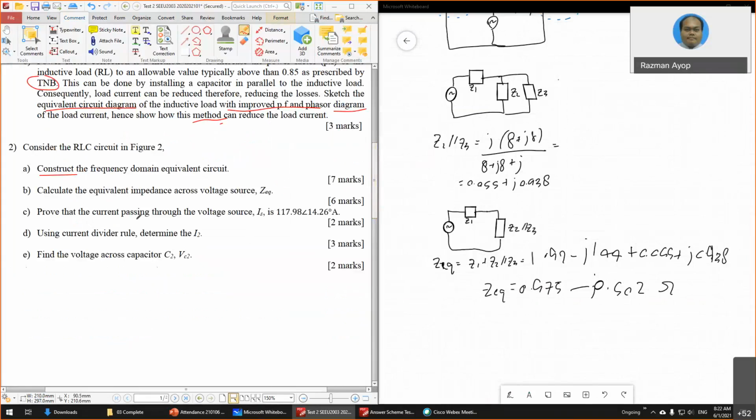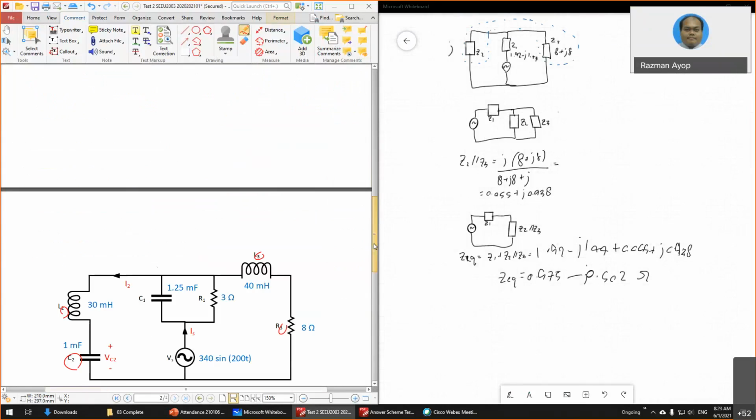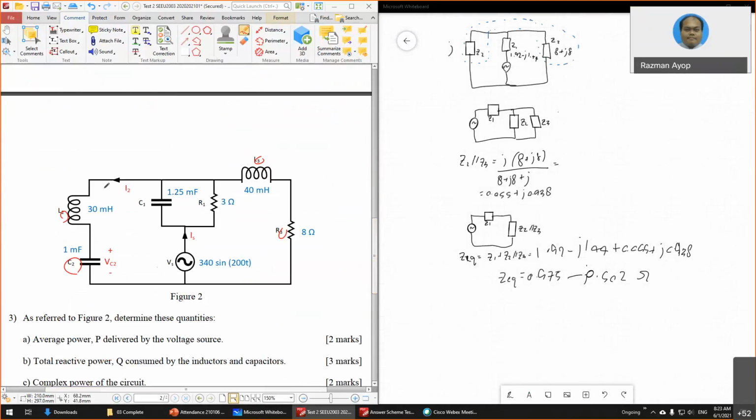And then prove that the current passing through this is 117.98 and this angle. So what is I2? If you look back here, this is I2. So basically you have to do a current division.